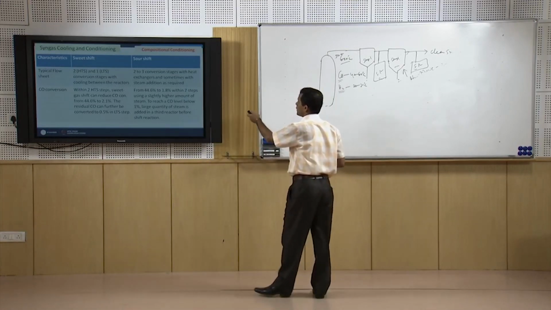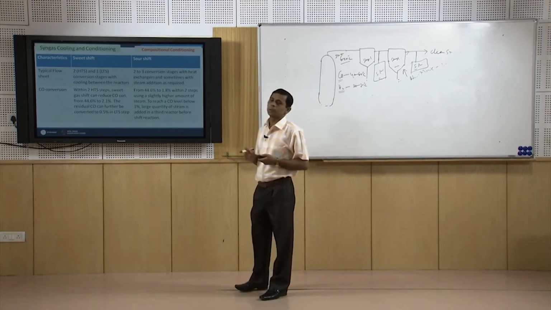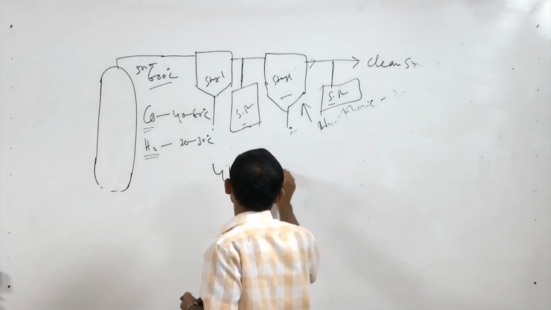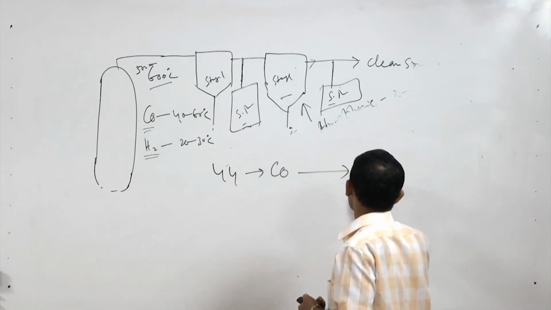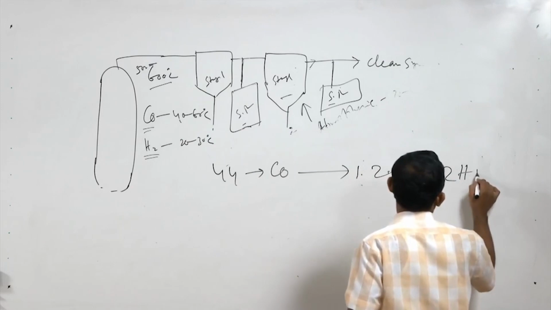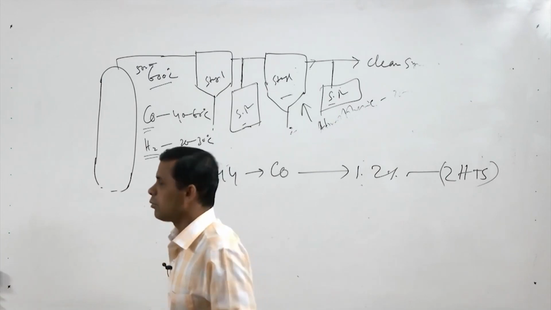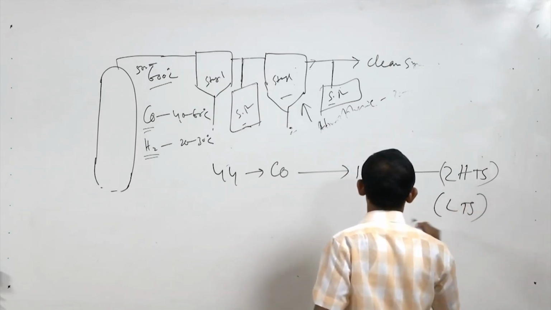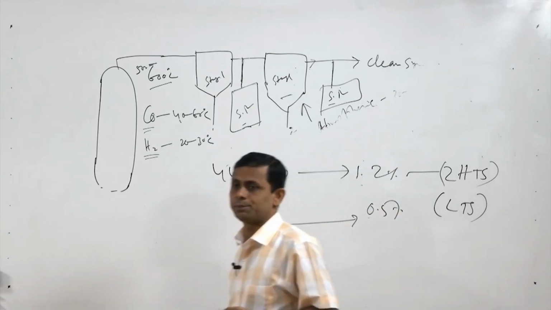In the sweet shift reaction, typically two high temperature shift reactors and one low temperature shift reactor are used, and say 44% CO can be reduced to around 1 to 2% by two high temperature shift reactions. When we want less than 1% CO, another LTS is required. So, we can go from around 44% to 0.5%.